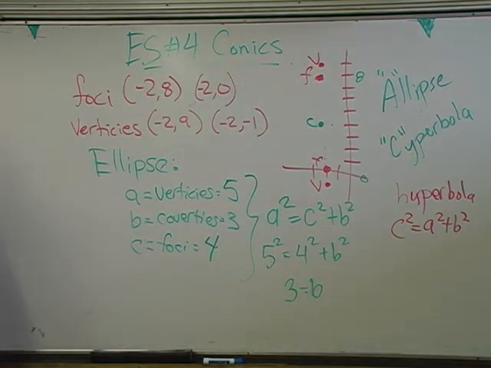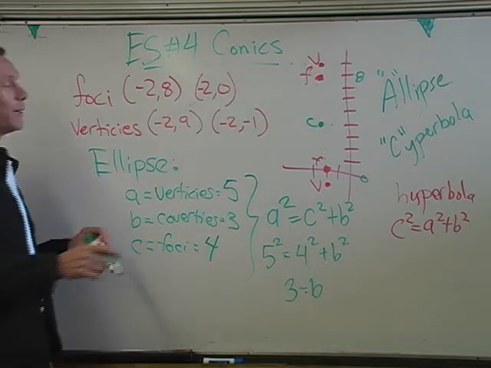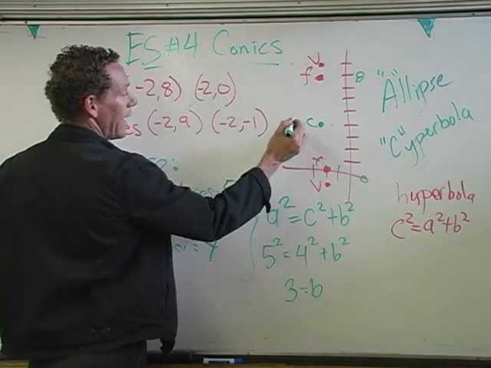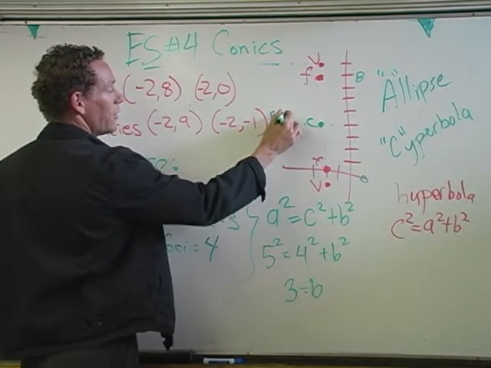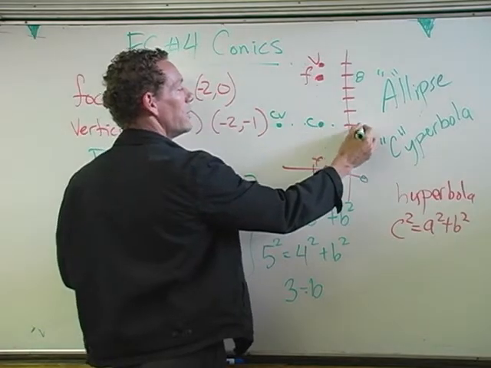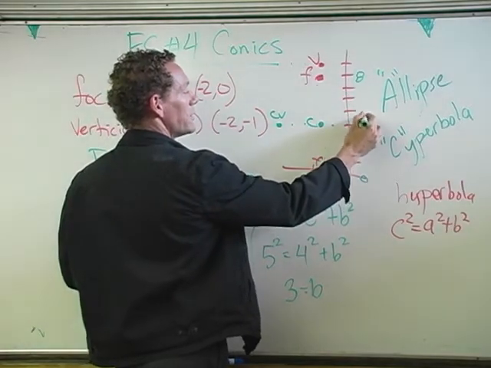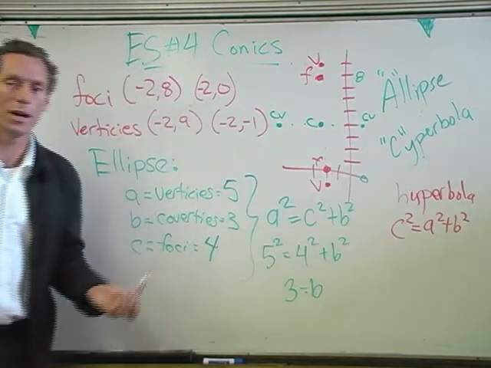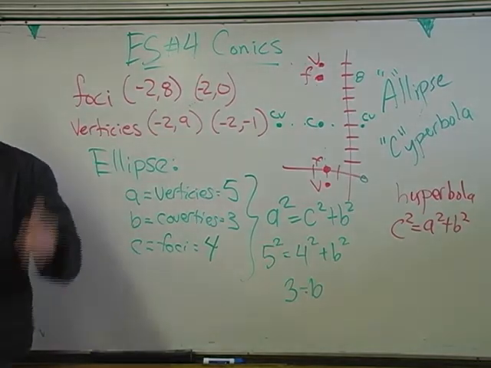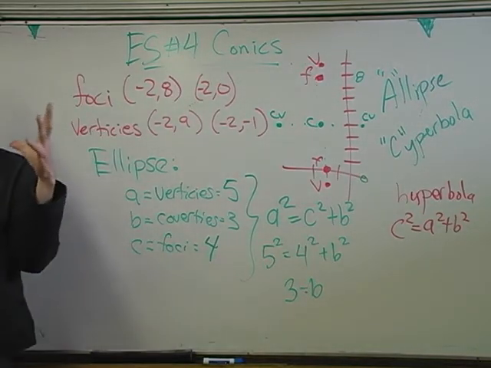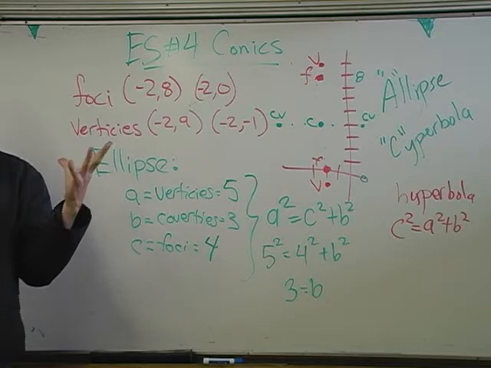All right, what are we doing here? We could graph at this point, but I think it's just asking us for the equation. So we know that 1, 2, 3 co-vertices would go out here, and 1, 2, 3 co-vertices would go out here. I'm trying to come up with the equation. So you have in mind the general form of what the equation of the ellipse would look like?